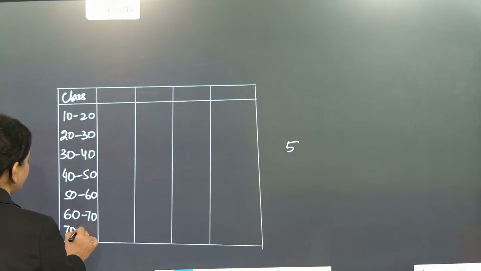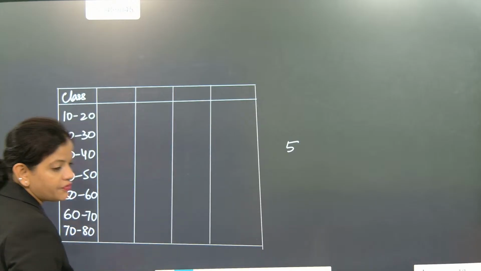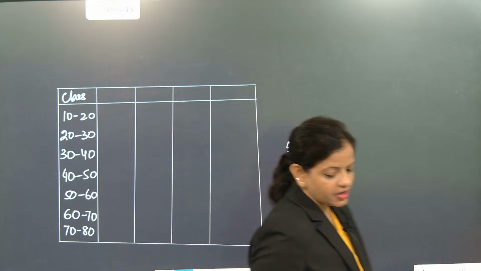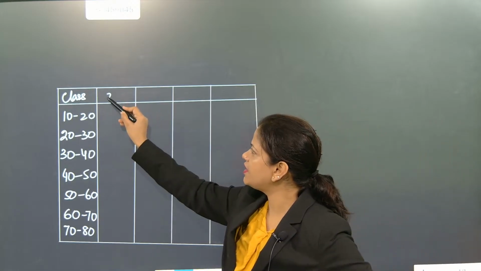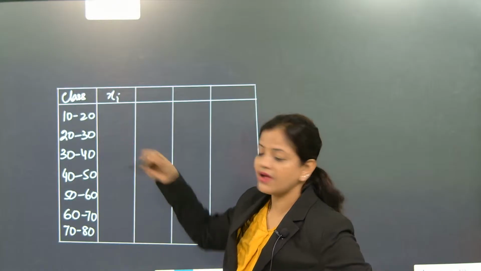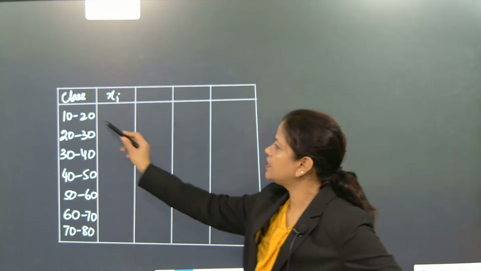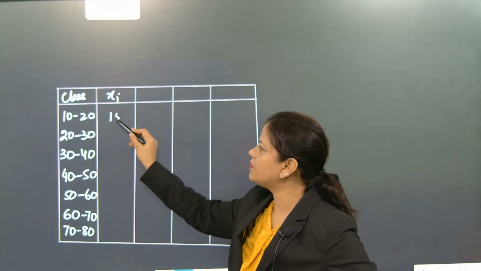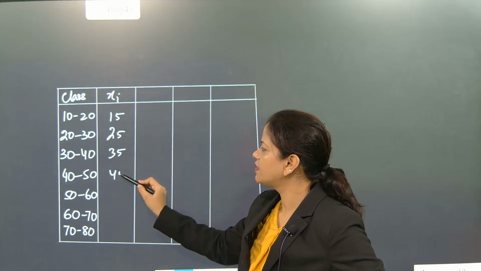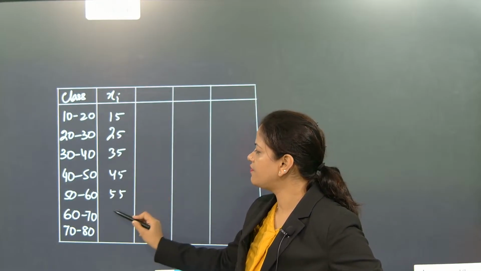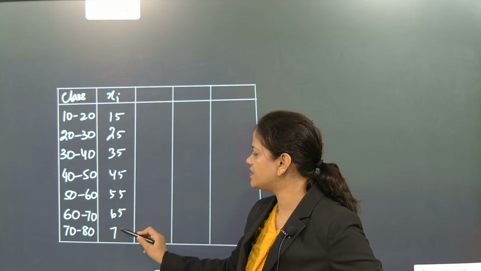After that, the frequency is given. But first, we will find the mid value, Xi. 10 plus 20 divided by 2 is 15, then 25, 35, 45, 55, 65, and 75.